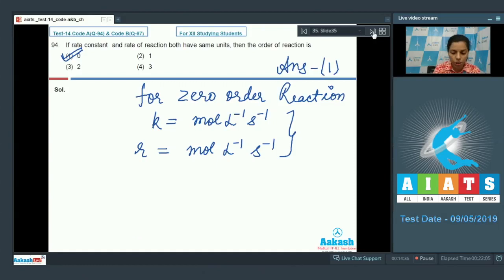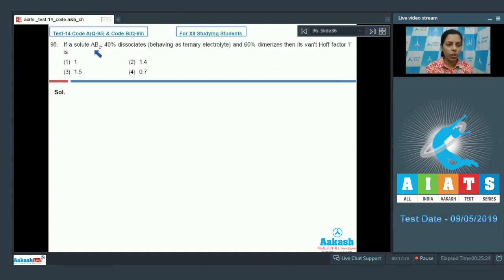After this, there's another question. Question number 95. If a solute AB2 is 40% dissociated behaving as a ternary electrolyte, it means 3 ions it is forming, and 60% dimerizes, it means 2 molecules dimerize to form a single molecule, then its Van 't Hoff factor i is.